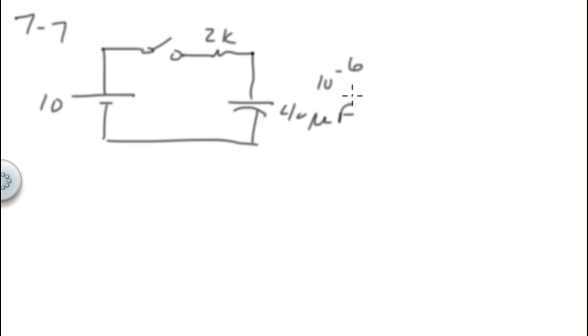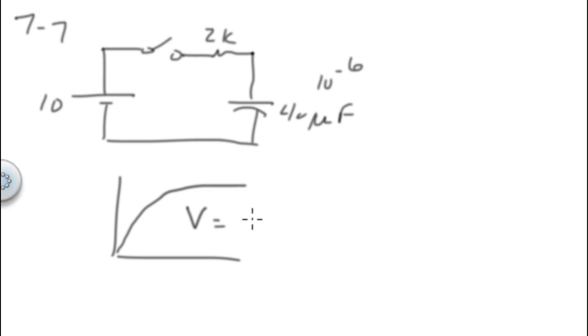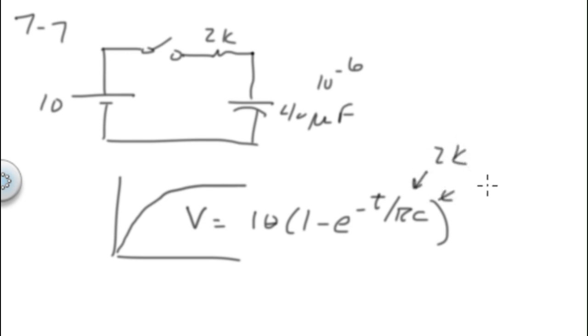So now what it says, sketch the equation of the voltage across after this. Okay, so basically it's going to be like this. Voltage is going to go like this, isn't it? Okay, the voltage across the capacitor is going to be what? 10 times 1 minus e to the minus t over RC, where our R is 2K and our C is 40 times 10 to the minus 6th.